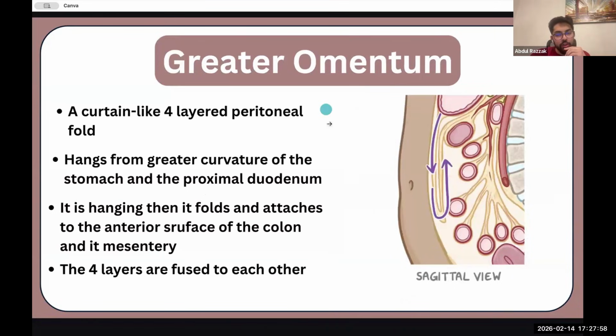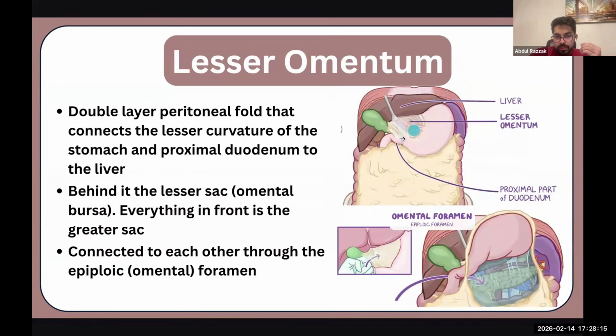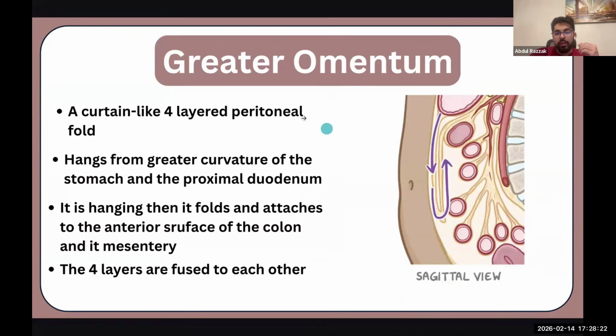The greater omentum is a curtain-like structure. However, it's a curtain that goes down, like all curtains, then goes back up. It hangs from the greater curvature of the stomach and the proximal duodenum. The lesser omentum comes from the lesser curvature, while the greater omentum comes from the greater curvature of the stomach and the proximal duodenum, so it goes down all the way.